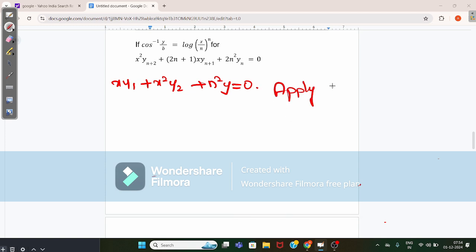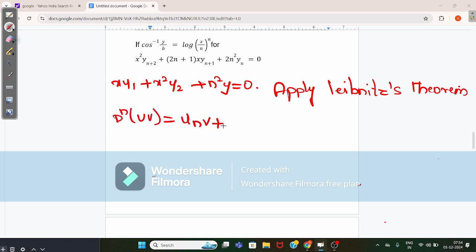Apply Leibniz theorem. The formula is d power n of uv equals u_n v plus nC1 u_(n minus 1) v1 plus nC2 u_(n minus 2) v2 plus and so on.